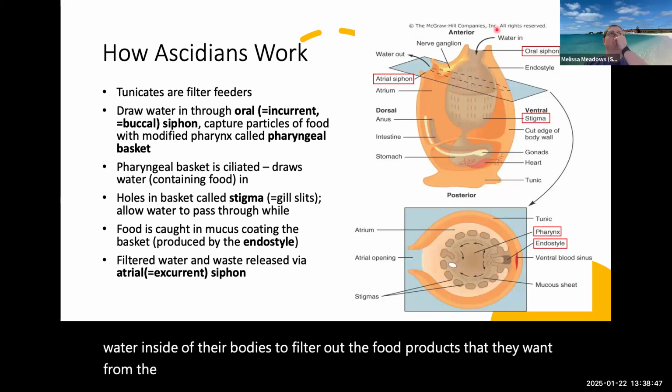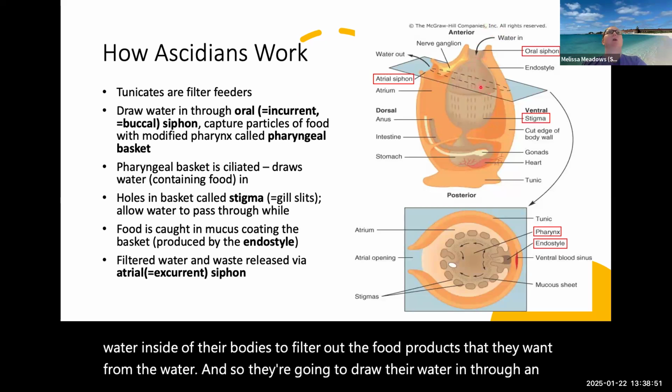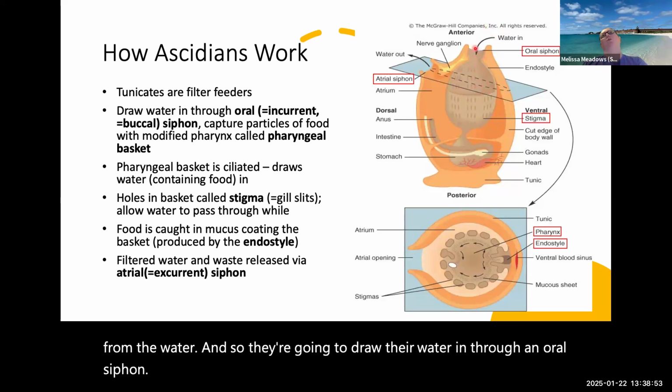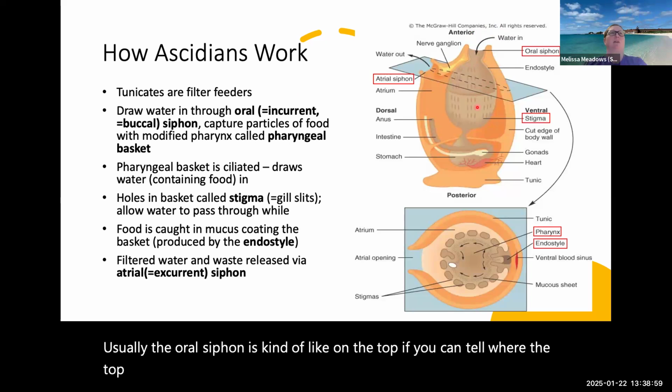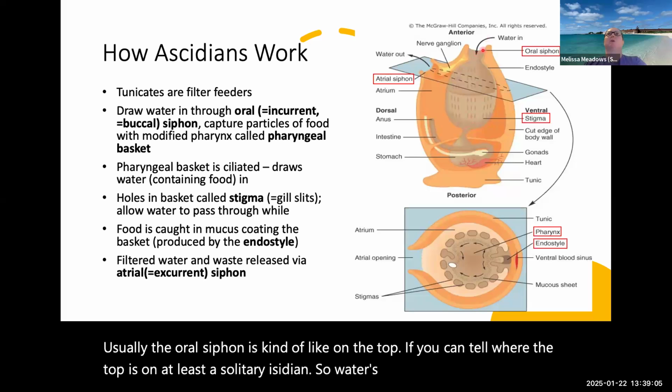And so they're going to draw their water in through an oral siphon. Usually the oral siphon is kind of on the top, if you can tell where the top is on at least a solitary ascidian. So water's going to go in through that oral siphon.